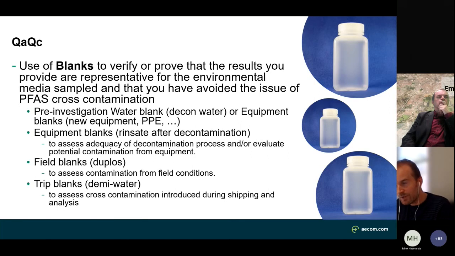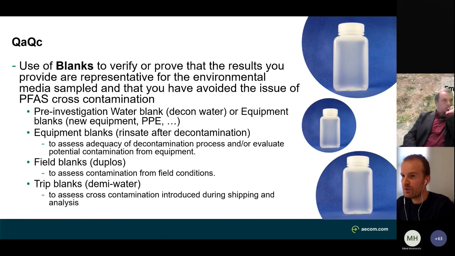A typical thing that we include is that the water that you bring on site, like mentioned before, is free of PFAS, so you can take a sample of that water to check if it is PFAS-free. Or if you bring new equipment or new materials on site and you are not sure if it's PFAS-free or not, you also can take samples from that to see if it is possibly contaminated.